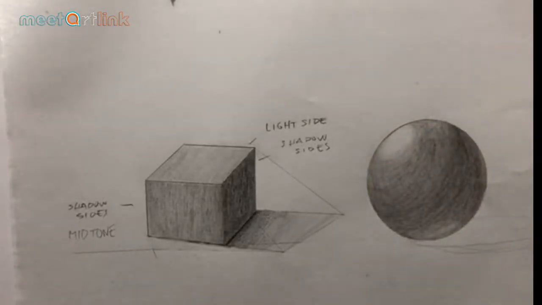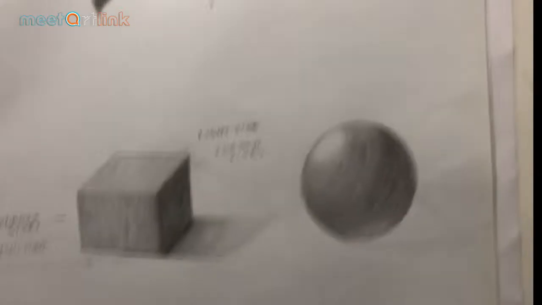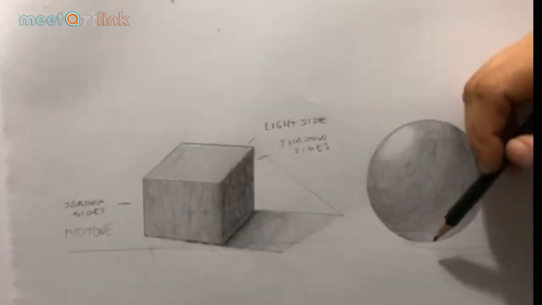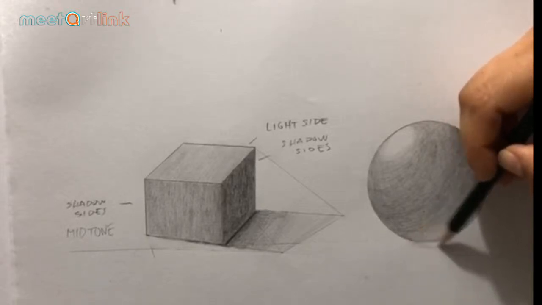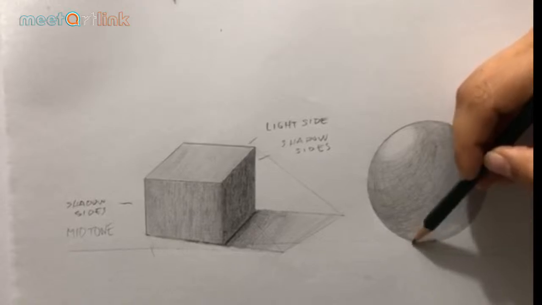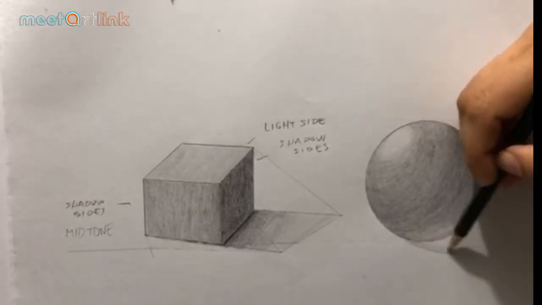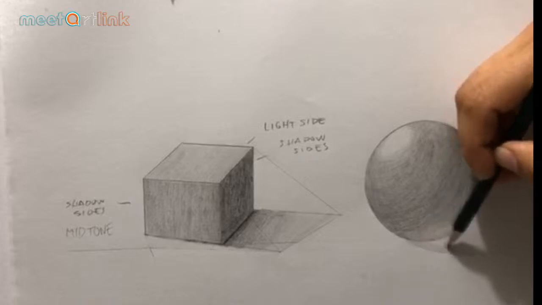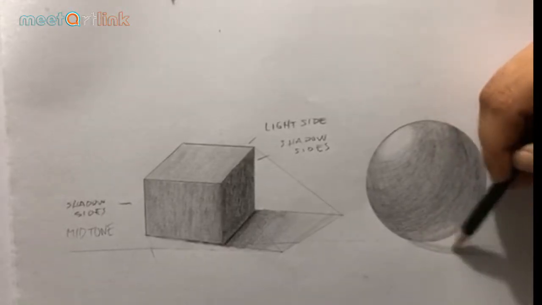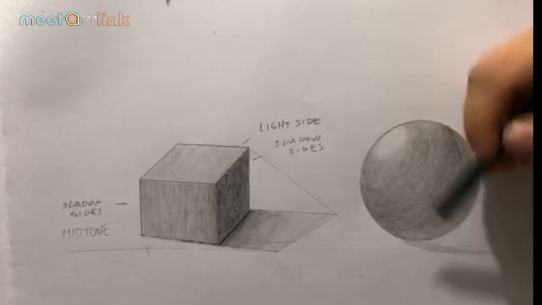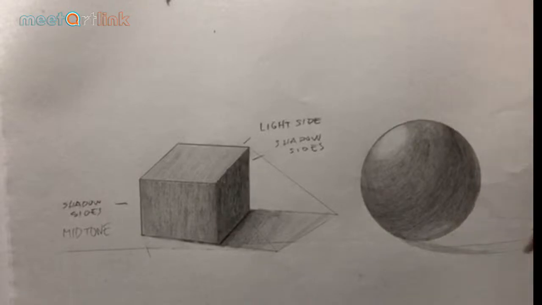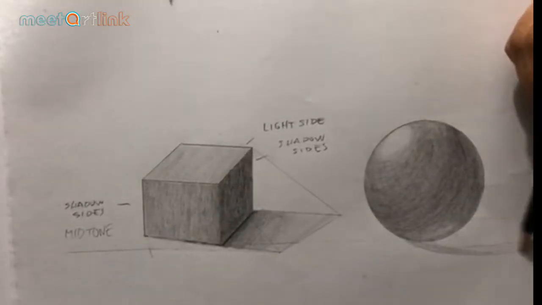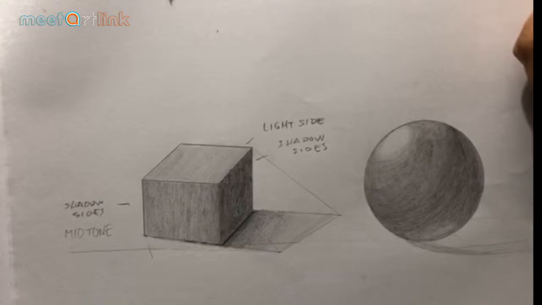And again, we want to keep in mind that this cast shadow is going to be stronger where it's hitting the ground. Like the object and the ground are touching, and that's where we're going to have our stronger tone. I'm going to go right ahead and do my softest, so we can work from there, from soft to dark.